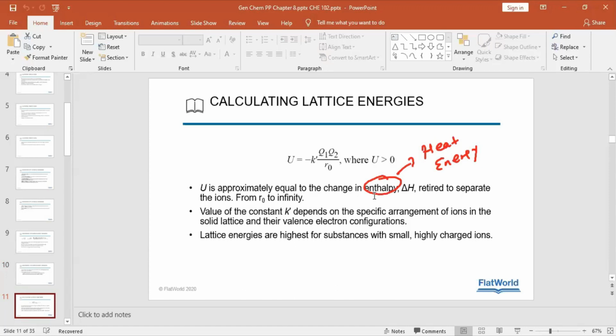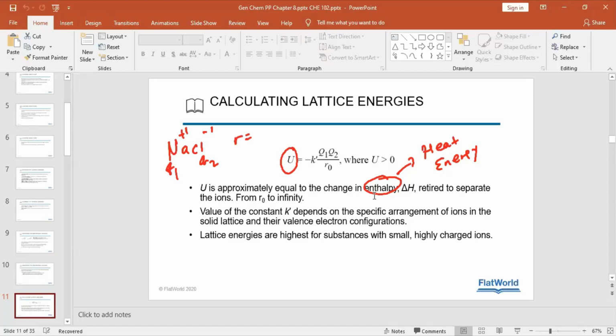So the lattice energy is referred to as U. It has a certain constant K. Q1 and Q2 represent the charges of the ions. I would like to stick with sodium chloride. We have sodium plus one and chloride minus one. So Q1 represents sodium, Q2 represents chlorine in this case. And then R refers to the distance between the sodium and chlorine atoms.